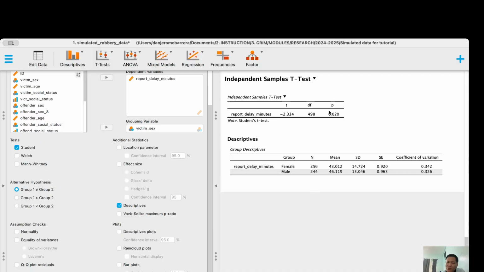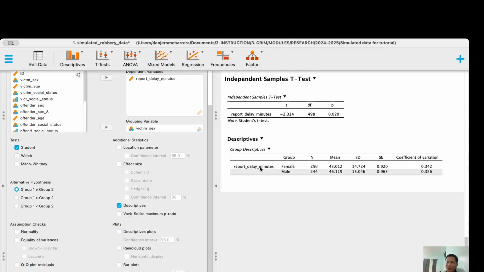Table so and so shows that the p-value is 0.02, which means that there is a significant relationship between sex and crime reporting delays in terms of minutes.